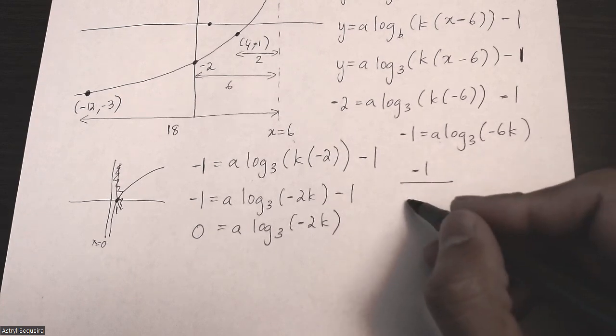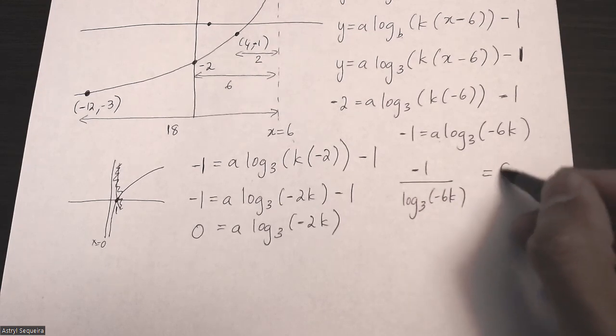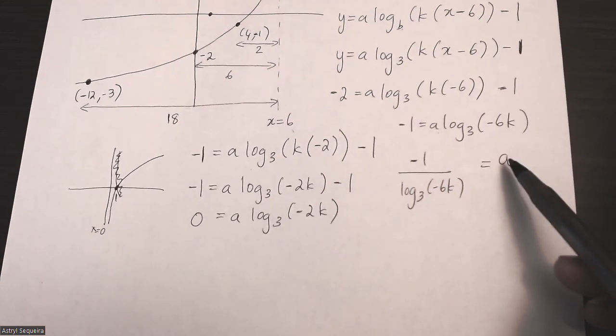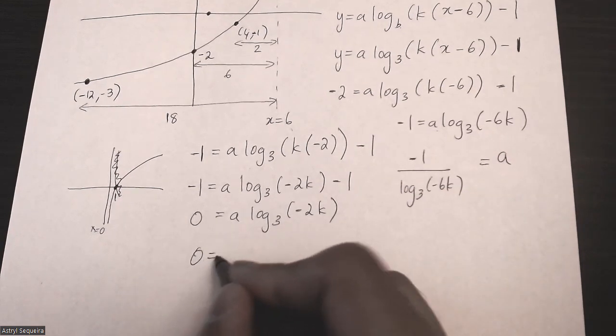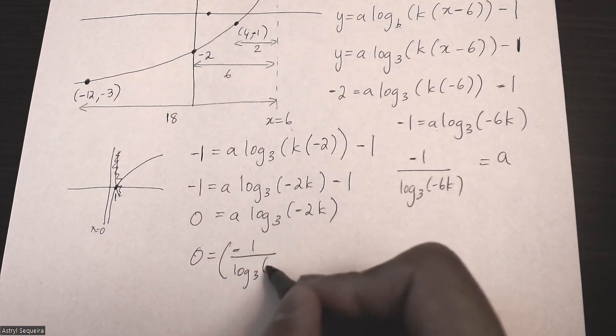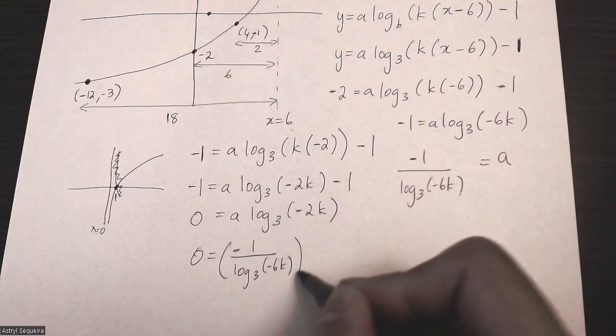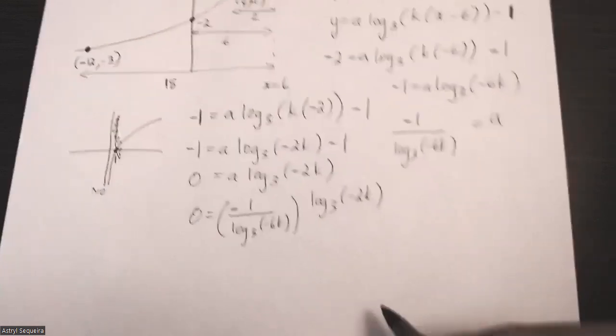So a equals negative 1 over log 3 of negative 6k. Then I'll substitute a over here for this. So 0 equals negative 1 over log 3 of negative 6k times log 3 of negative 2k.